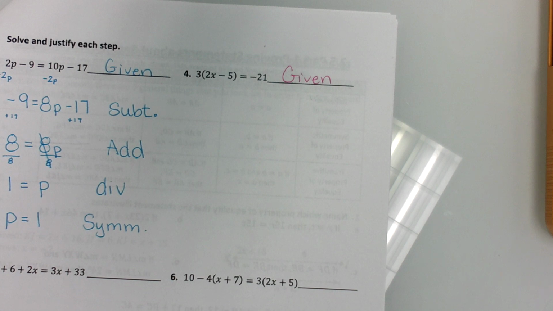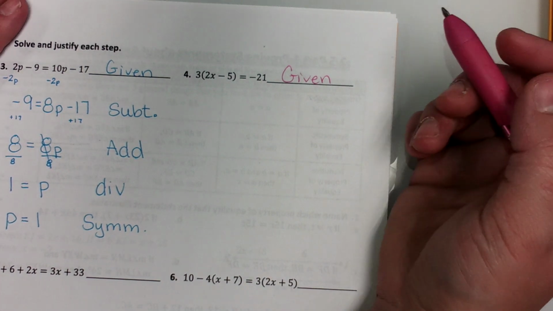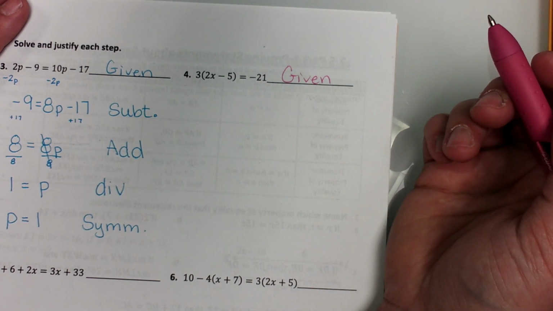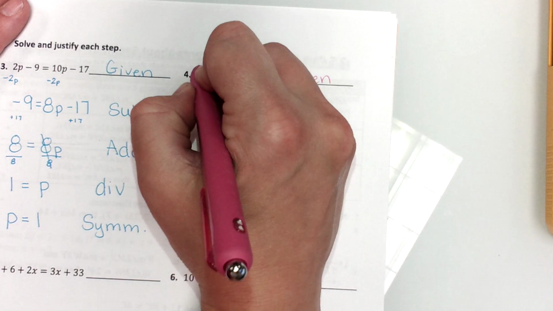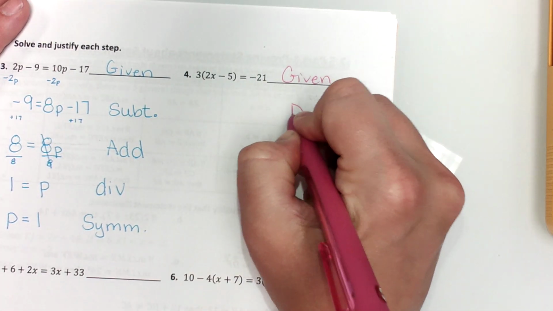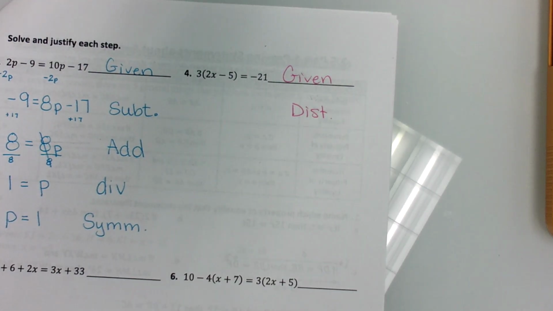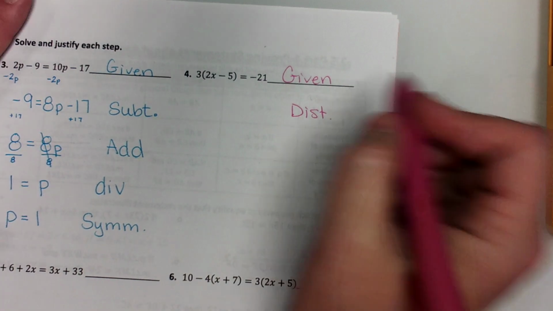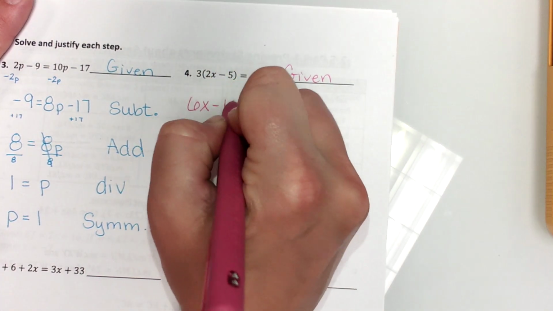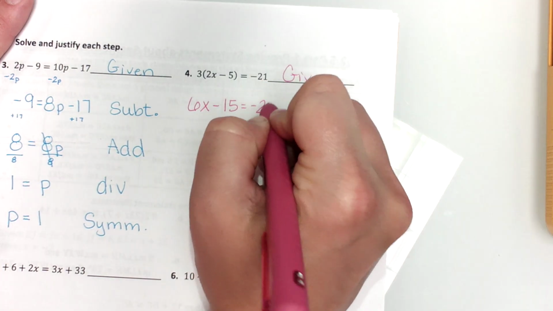What would you tell me to do? Distribute. Distribute is what we're doing. Kenna, when I distribute, what do I get? 6x minus 15 equals negative 21. Beautiful.